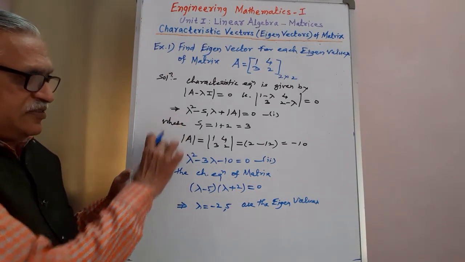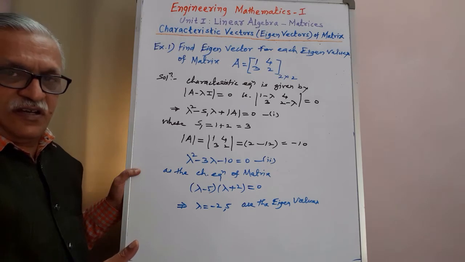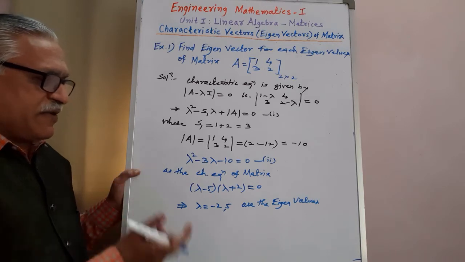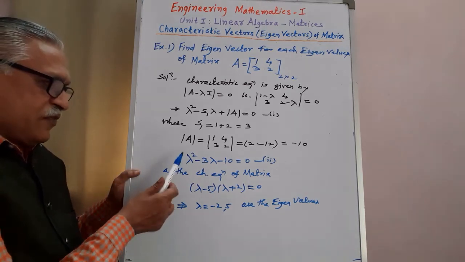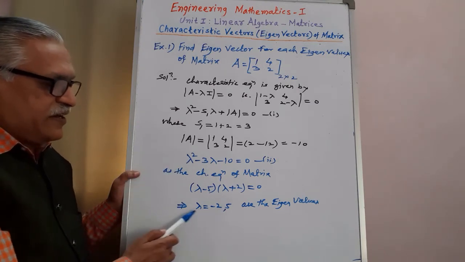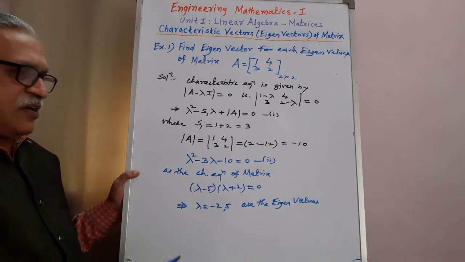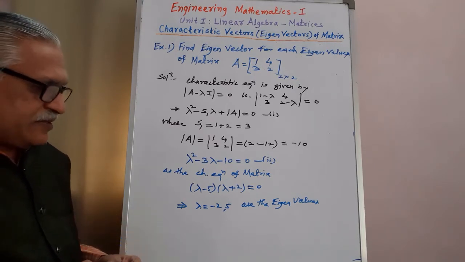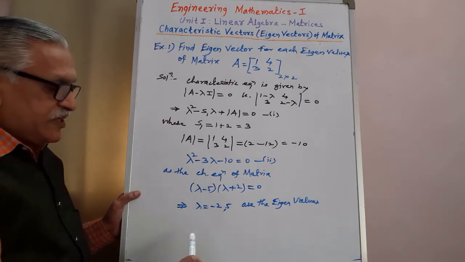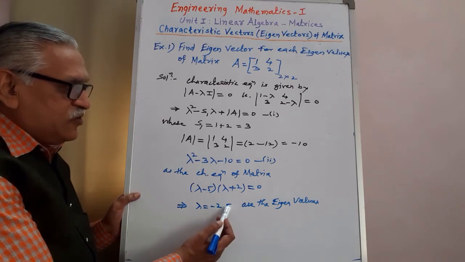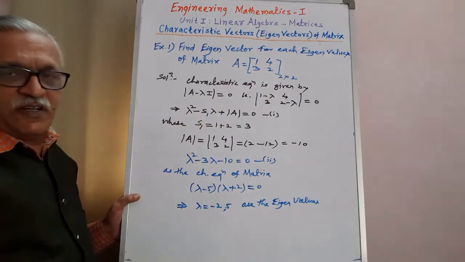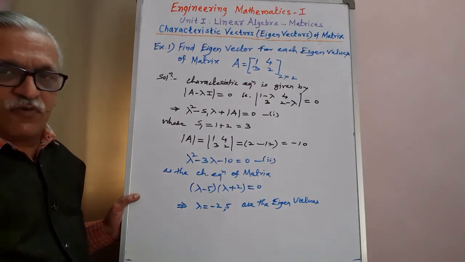This is exactly similar to what I discussed in the earlier lecture while determining the characteristic roots. The first step is to find the characteristic equation, and then by solving it we determine the eigenvalues or characteristic roots. After getting this, we cross check quickly. The sum of the eigenvalues, minus 2 plus 5, is 3, and that equals the sum of the principal diagonal elements, 1 plus 2, which is 3. The first property is true.